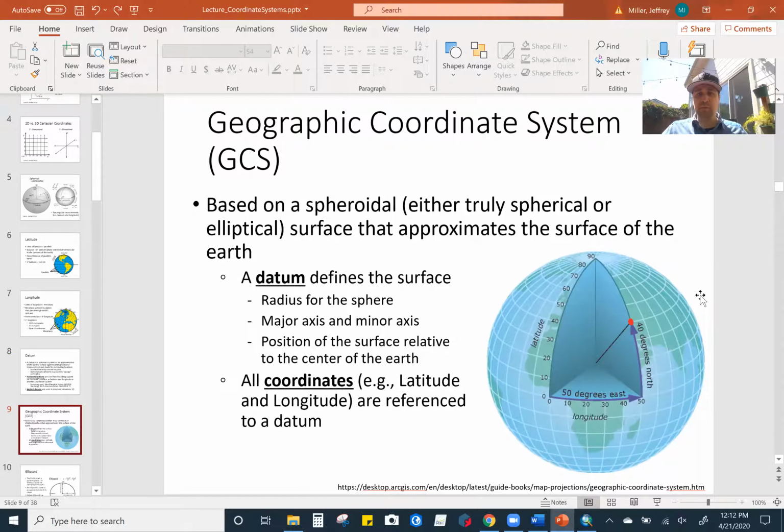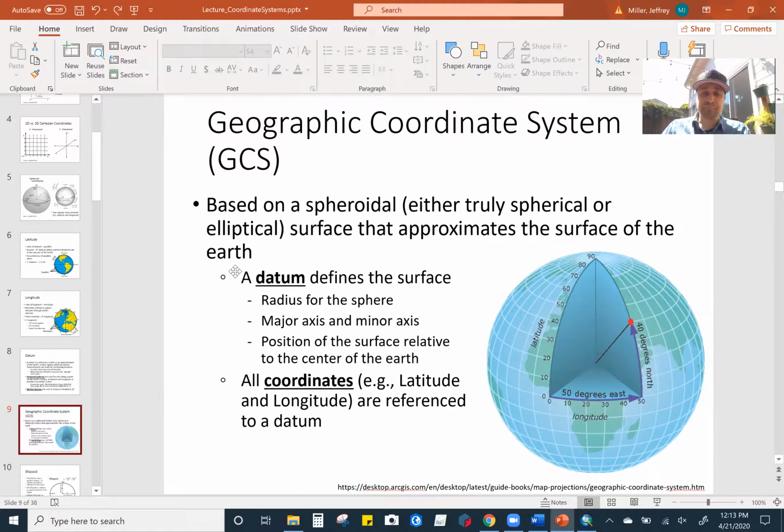So, about this whole idea of geographic coordinate system or GCS, and this is spherical or spheroidal, fancy word, right? So either truly spherical or what's known as elliptical, okay? Which I'll get to here in a minute. And it's going to be an approximation of the surface of the Earth, okay, an approximation.